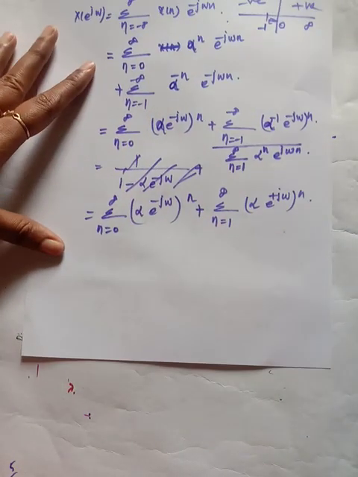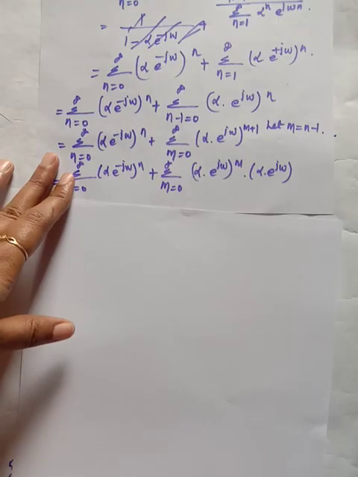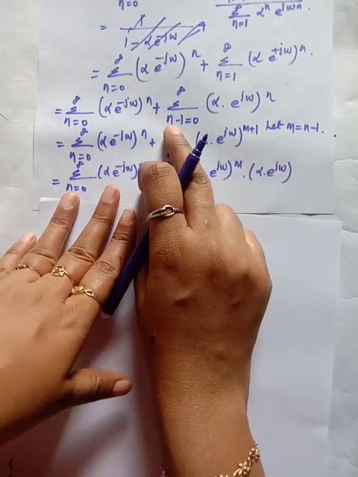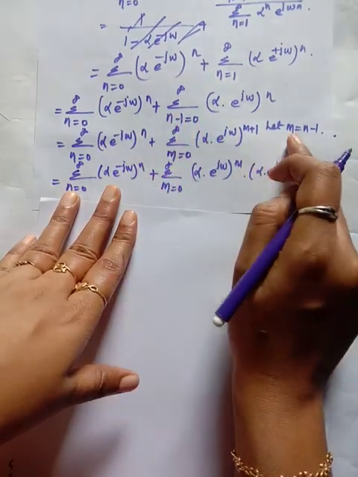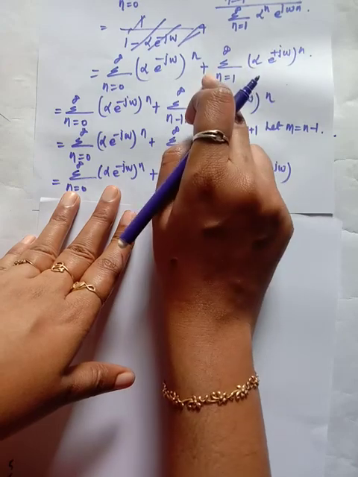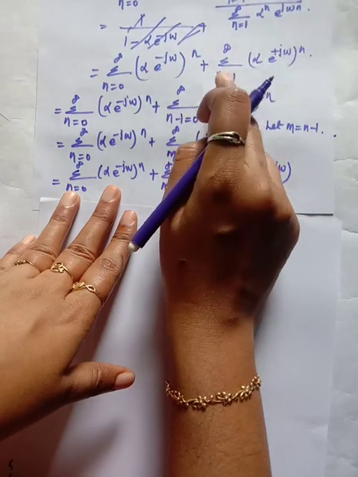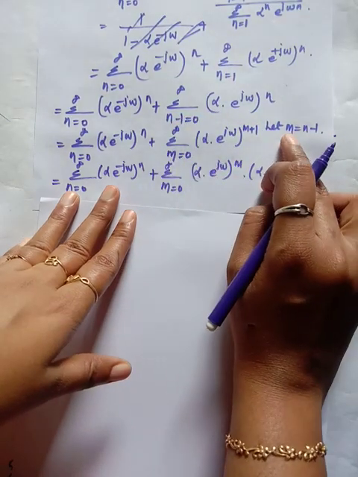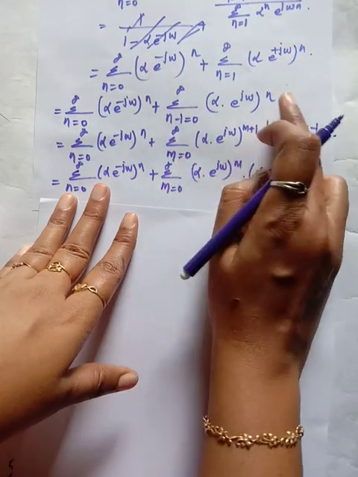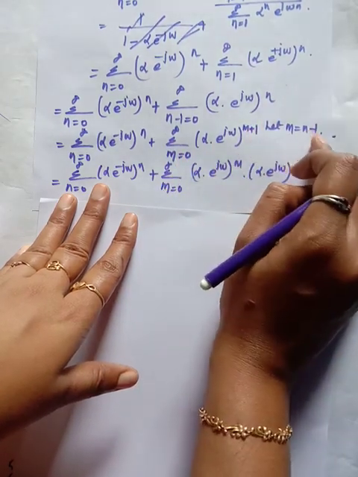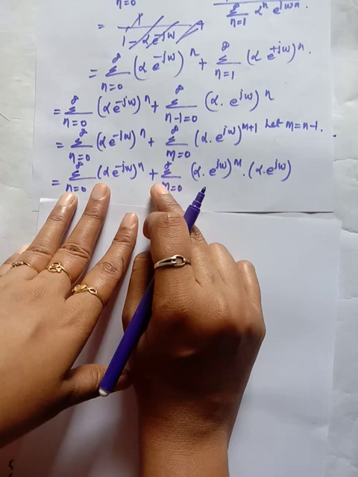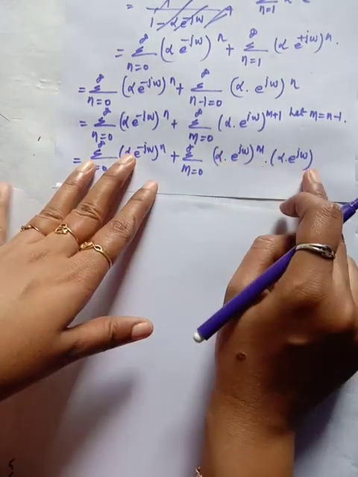So here we do it in that manner. I substitute n minus 1 equals 0, so let m equal n minus 1. Now for n I write m plus 1. So I have simplified this.